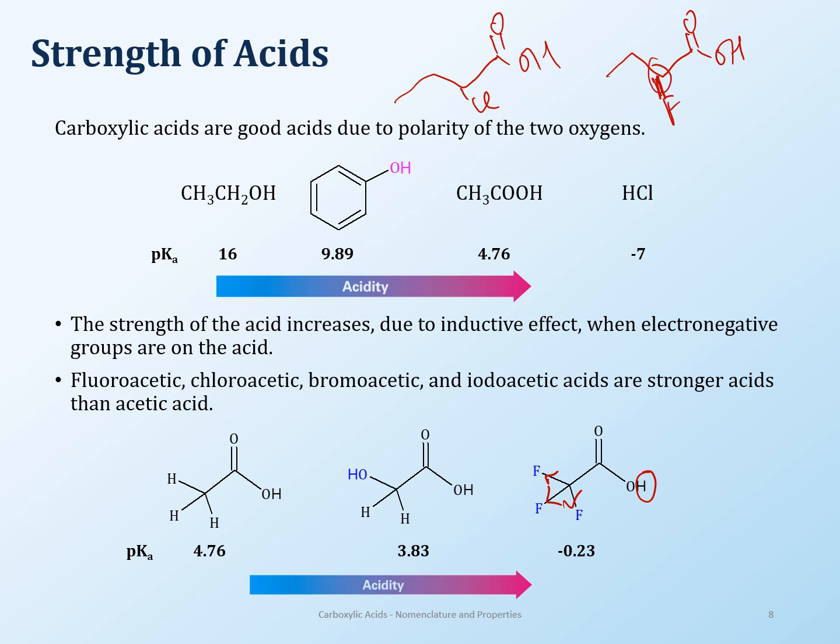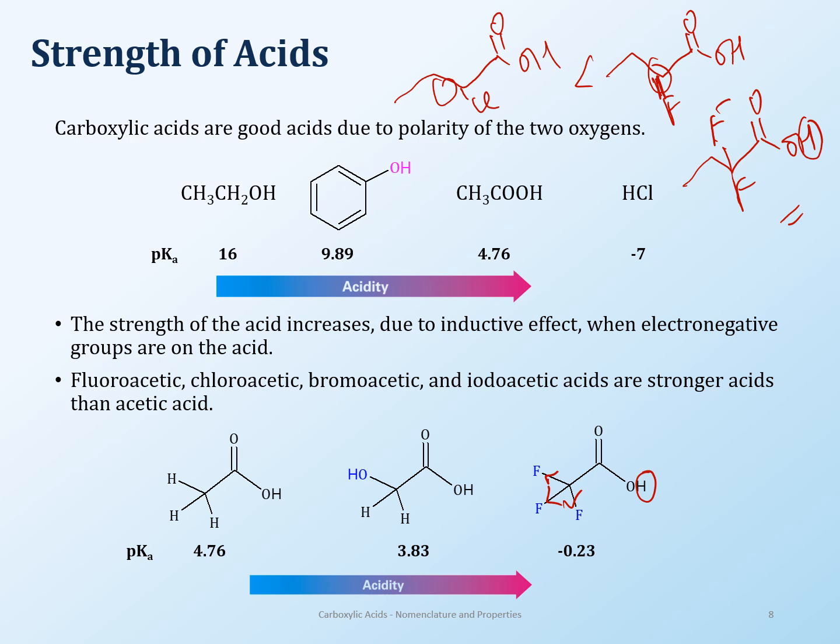Same carbon, but fluorine is going to be more electronegative. On the other hand, if you had 2 fluorines, that would be even more electronegative, and therefore this is going to be the strongest acid of all. That is how you work with the inductive effect.